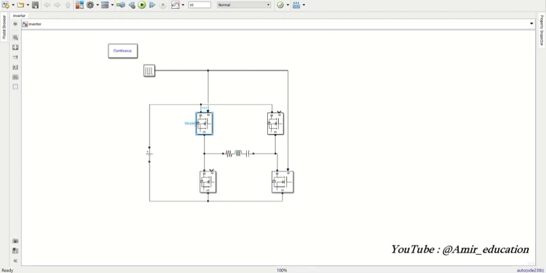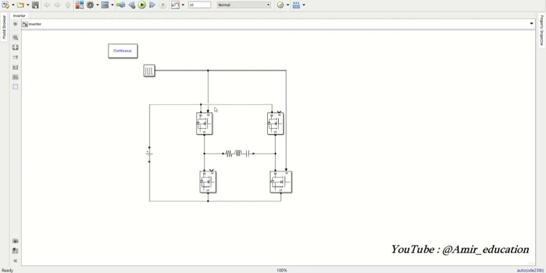This is 1, 2, 3. Let's change their names. MOSFET 1, and this is MOSFET 2, MOSFET 3 and MOSFET 4.